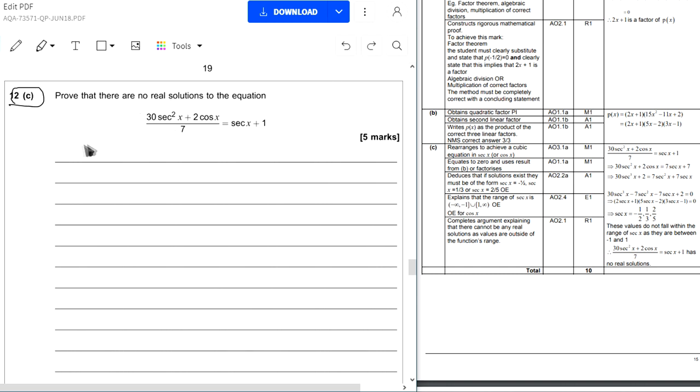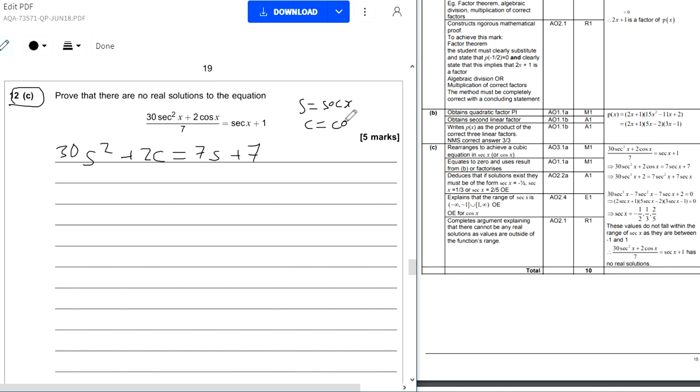First things first, multiply by 7, so we're going to get 30 sec squared plus 2 cos equals 7 sec plus 7. I'm just using letters. If you want, you can say s is sec x, c is cos x. Just saves a bit of time. Let's put it all onto one side.